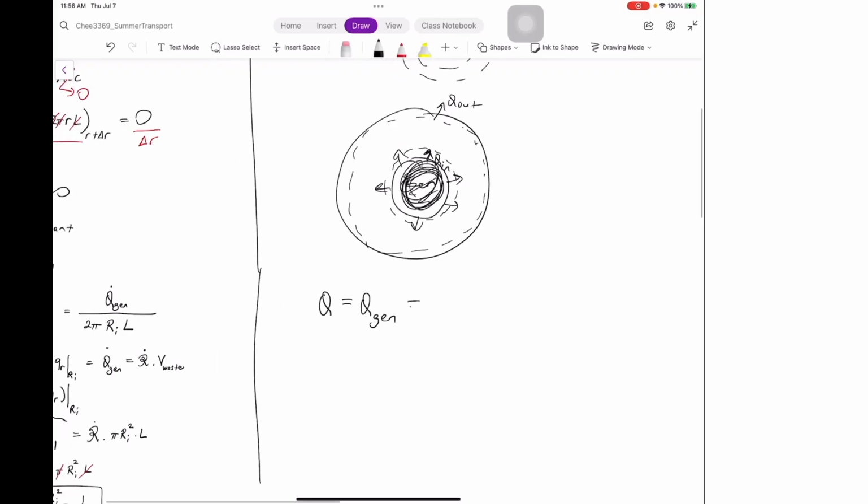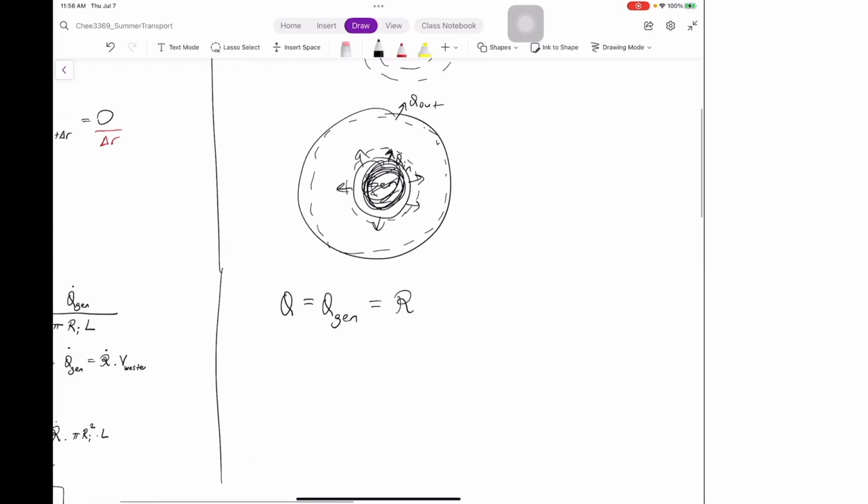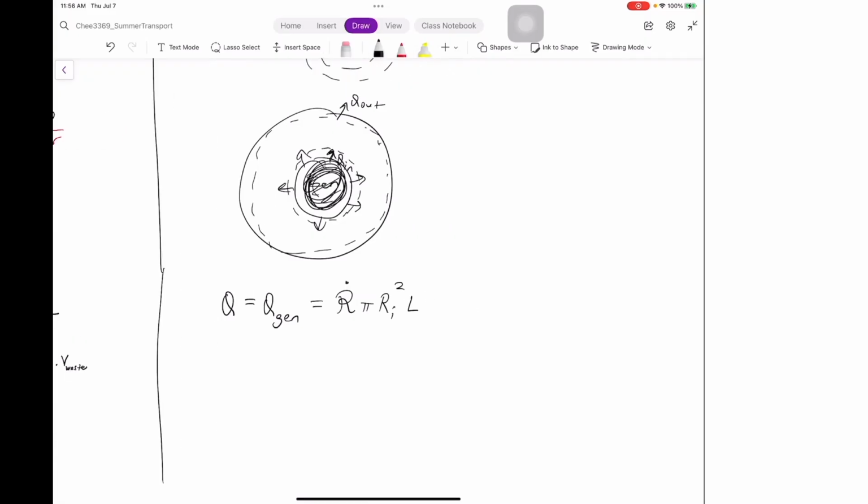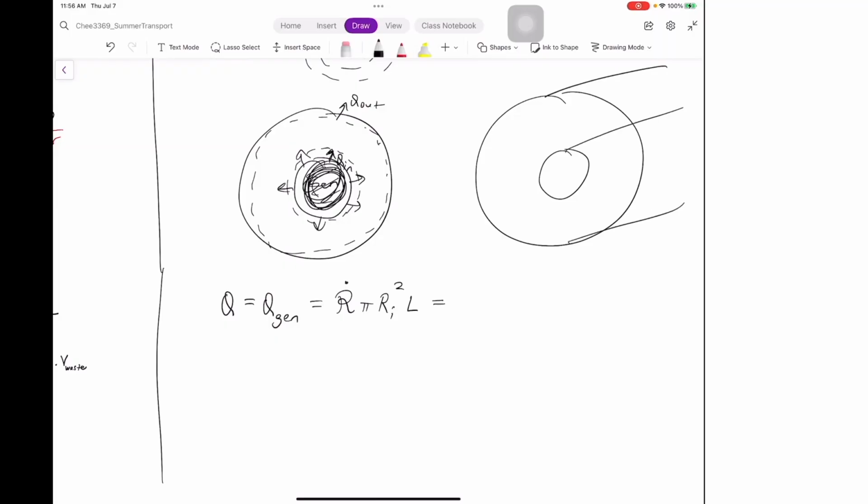It's nothing but the volumetric generation rate times the volume of the waste, which is pi Ri squared L. And you can say that Q is transported within a cylindrical shell.